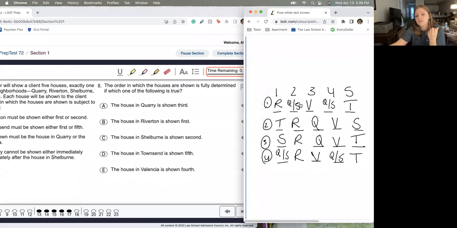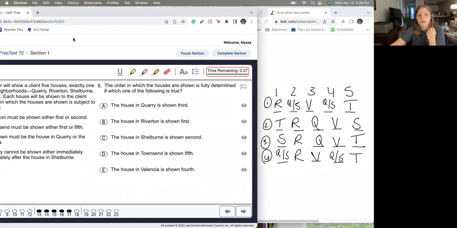Worlds that have flip-flopping variables, like our Q and our S, are not going to be one of our answer choices, because Q and S can flip-flop. You can't tell me with 100% certainty if Q or S is in that second spot. We need to be able to place every single variable in its spot. If you go through that checklist, you should be able to get to the correct answer, but we'll go through our answer choices and go through that checklist as an example.